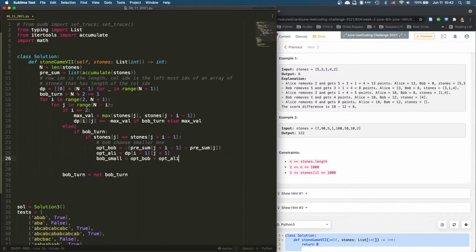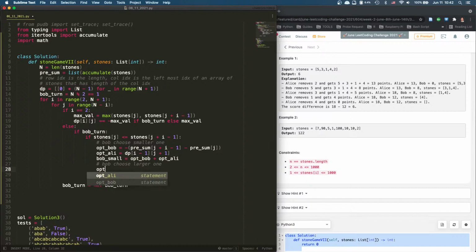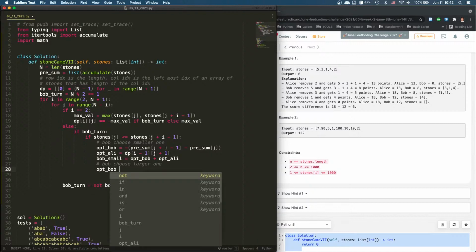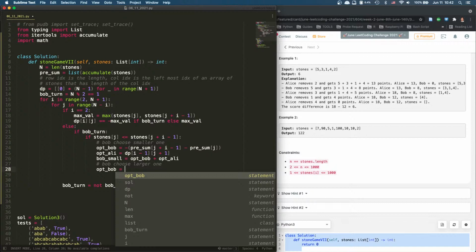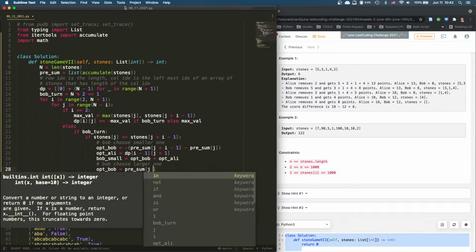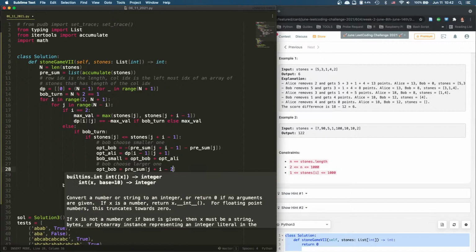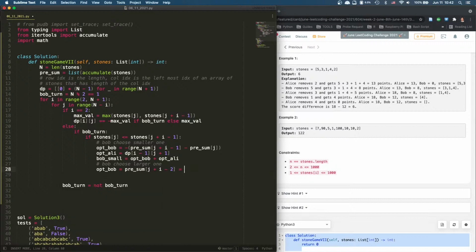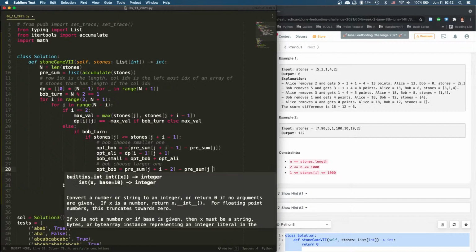All right, so this Bob choose smaller one, and Bob can also choose larger one. If Bob choose the larger one, then optimal Bob is going to be, so Bob choose the larger one, so stones j plus I minus 1. So this is going to be presum j plus I minus 2, right? Minus presum j minus 1.